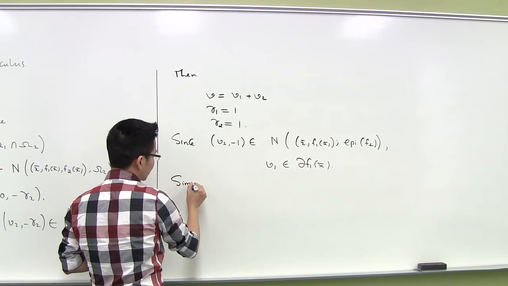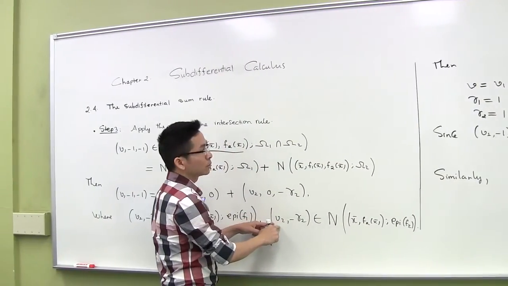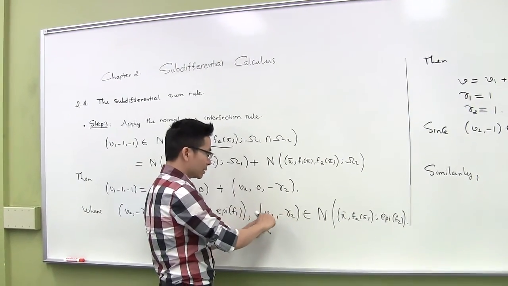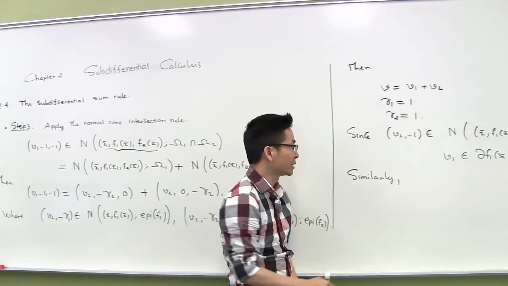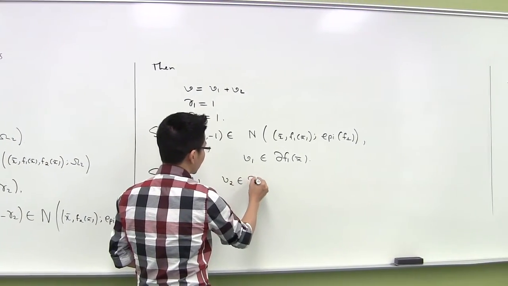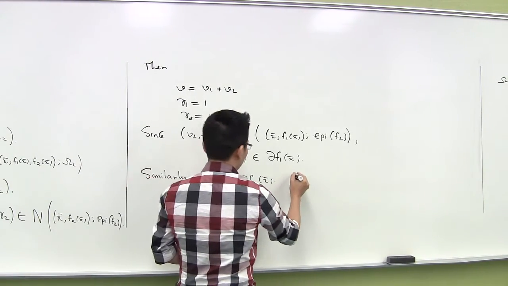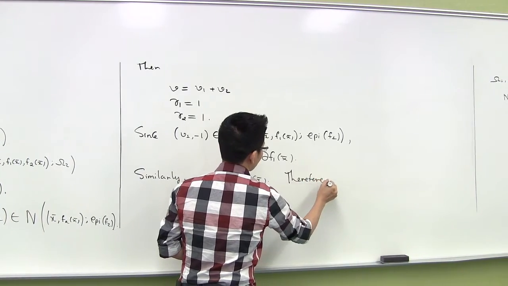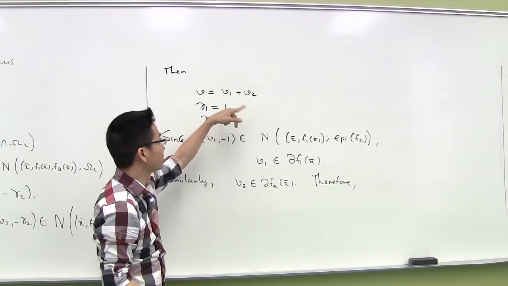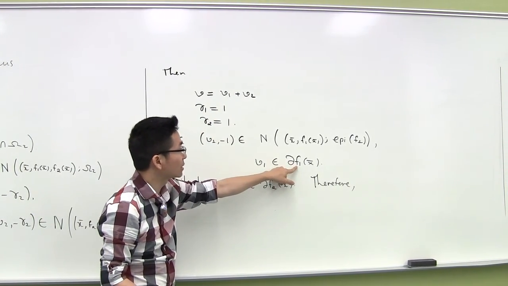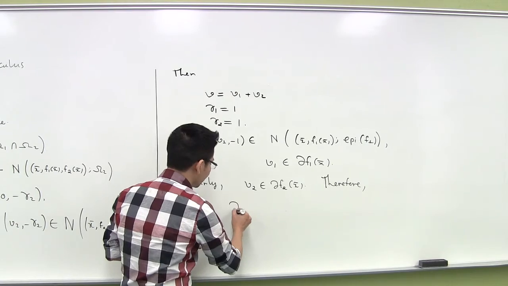Similarly, because gamma 2 here is 1, V2 minus 1 belongs to this normal cone, we can apply the same proposition and have that V2 belongs to the subdifferential of f2 at x bar. So, therefore, the element V can be written as the sum V1 plus V2, where V1 belongs to the first subdifferential and V2 belongs to the second subdifferential. Therefore, we have proved this inclusion.